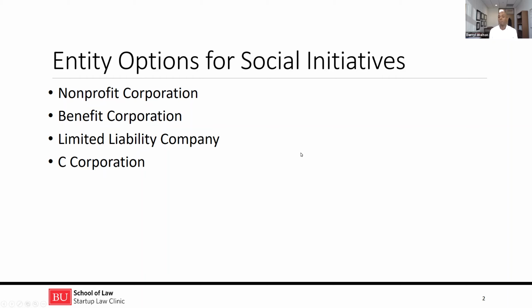So making money isn't their primary objective. It's important to note that you can actually achieve those benefits, right? You can do something charitable, or you can achieve a social good, in multiple business forms, right? So this first slide really highlights that there's more than just nonprofit options, right? There's more than a nonprofit corporation as an option if you're trying to achieve social good.